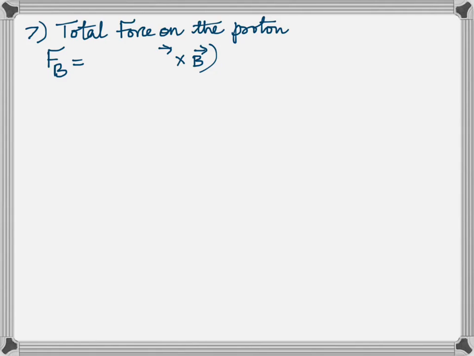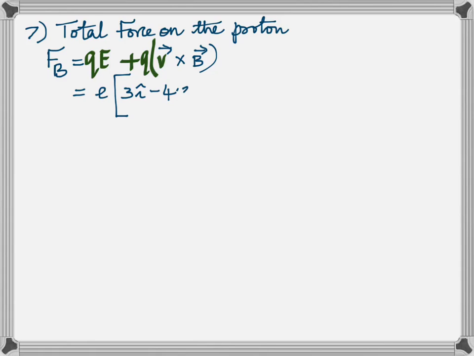So when you put them together, you get the total force on the proton, which is QE, that's the electric force, plus QV cross B. You can take out the Q as common and add them up.